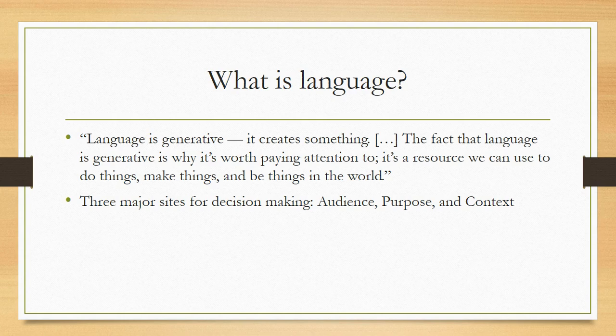When we use language to communicate, if we want effective communication, we need to consider three major things. Certainly there are arguments for other contenders, but the umbrella really is wide enough when we talk about audience, purpose, and context.